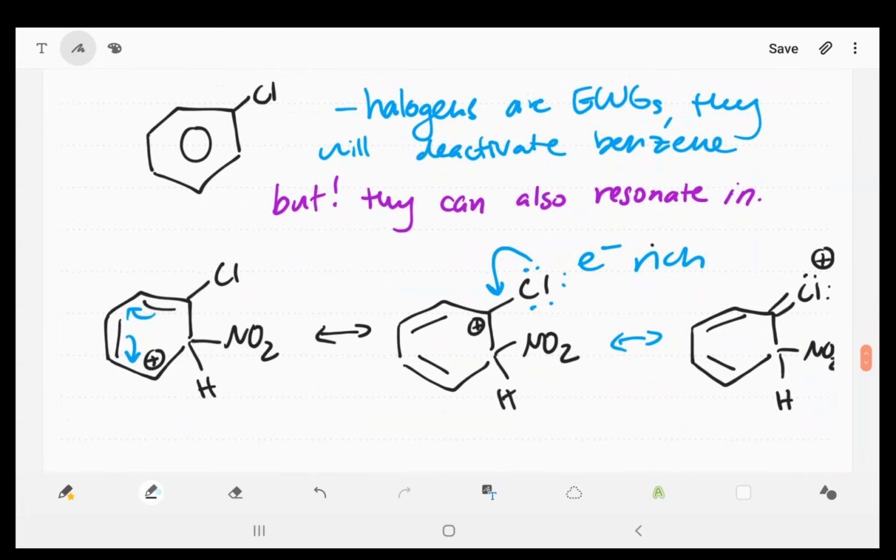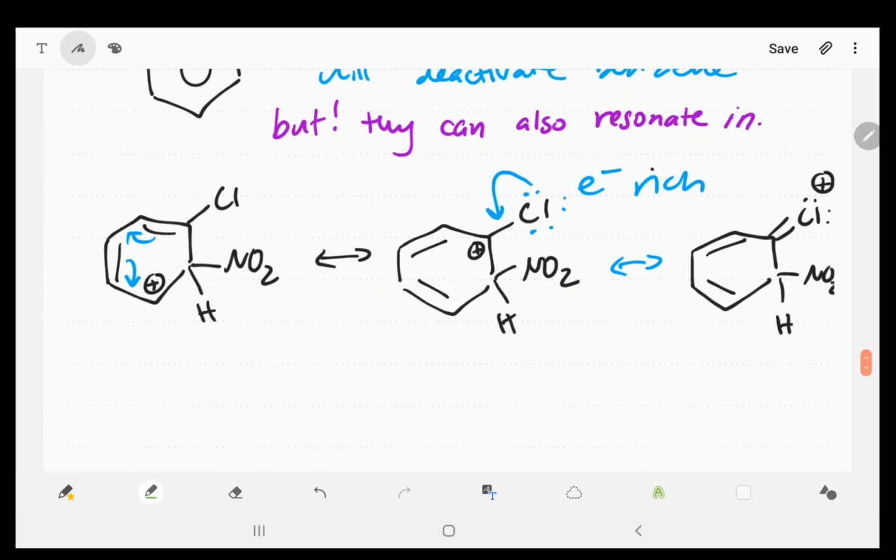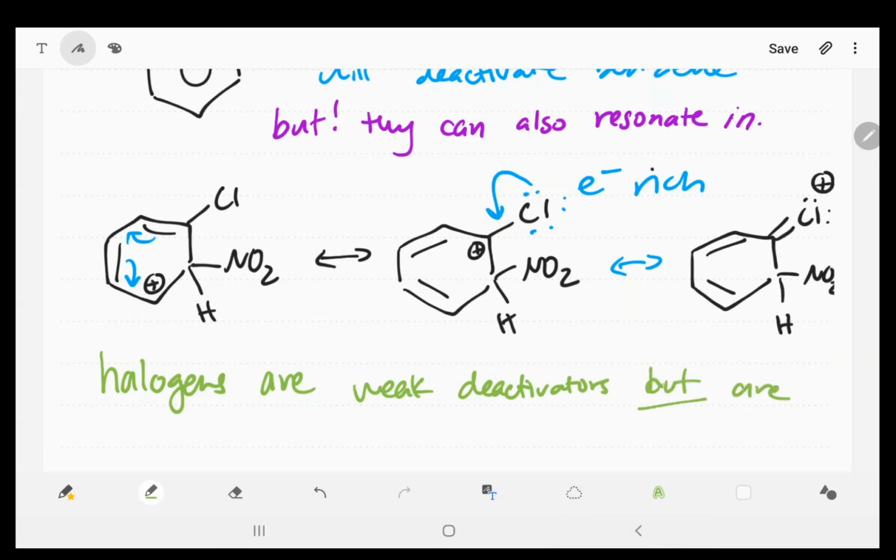And so as a result, in green we'll say that halogens are weak deactivators. Fine, I'll write it out. They are ortho-para directors.